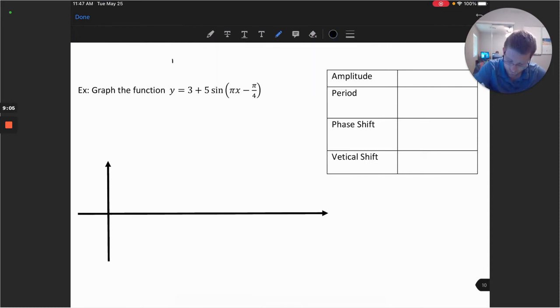We'll have y is equal to 5 times sine. And then we'll factor out a pi here. So this will look a little bit different than before. We'll factor out a pi from this parenthesis and leave behind an x and a minus 1/4, excuse me. That would be a 1/4.